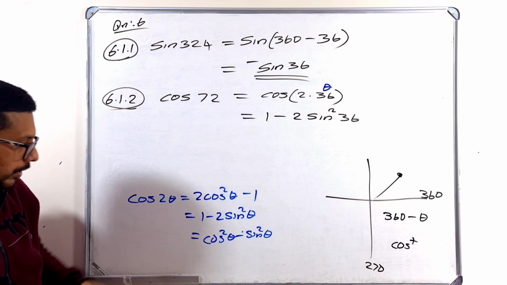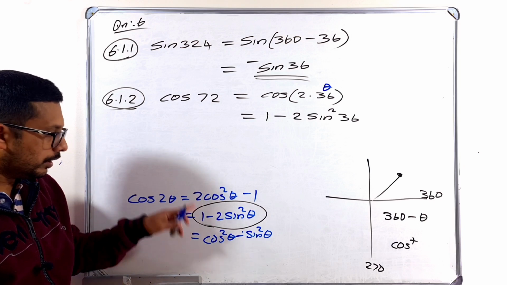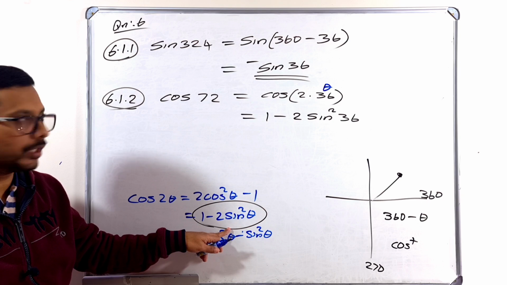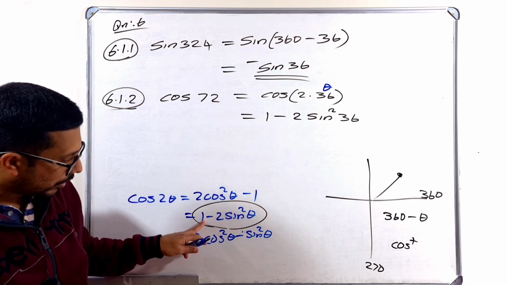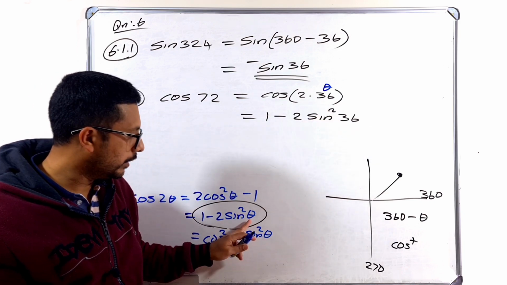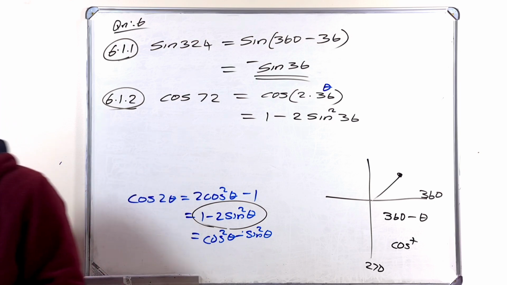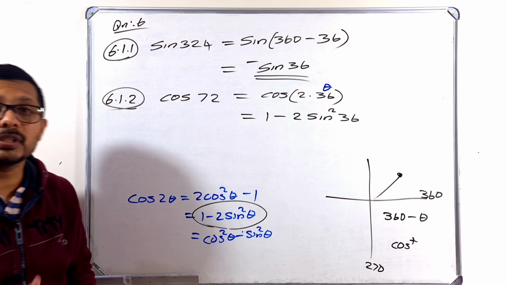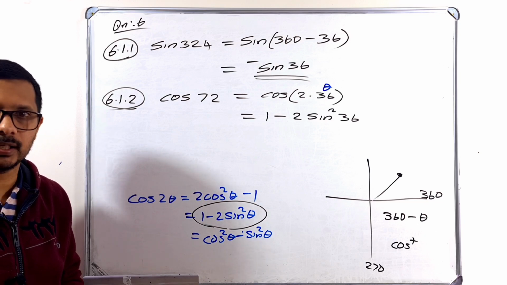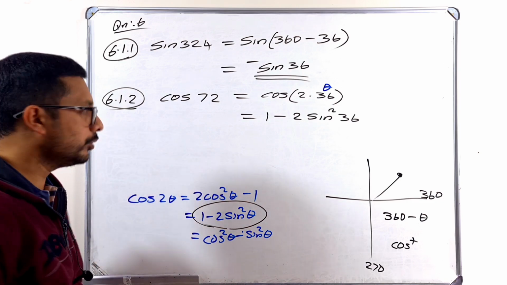So when it is cos 2 theta, we are using this formula. There are 3 different formulas. In our question we are going to use this formula because we want the answer in terms of sine 36. So 1 minus 2 sine squared 36. Now we can see that our answer is in terms of sine 36. Of course it is sine squared 36, that is sine 36 into sine 36. Anyway, sine 36 is there. So that is 6.1.2. Now let's go to the next question, 6.2.